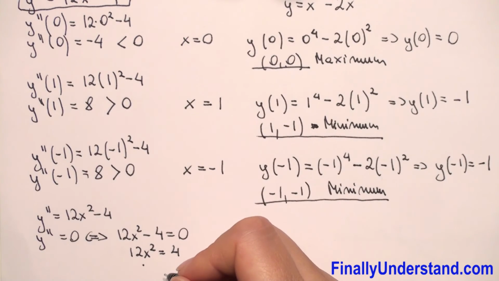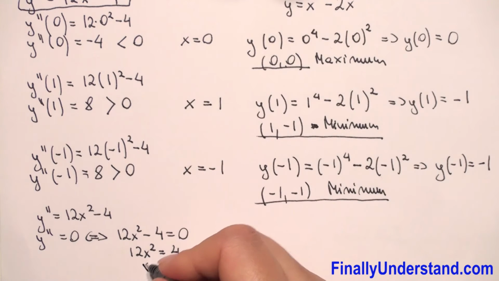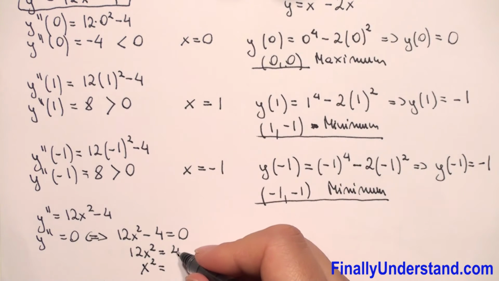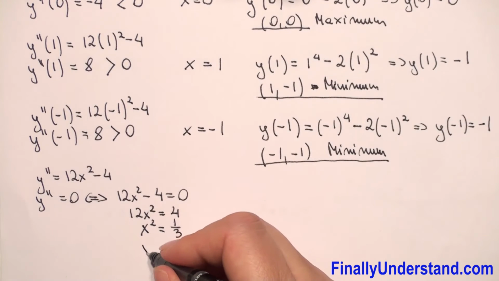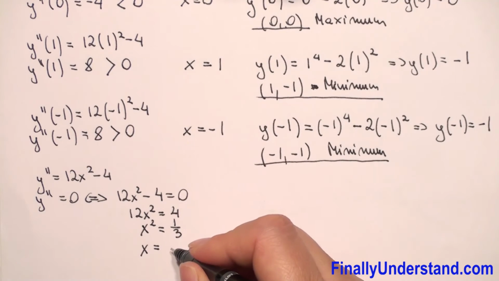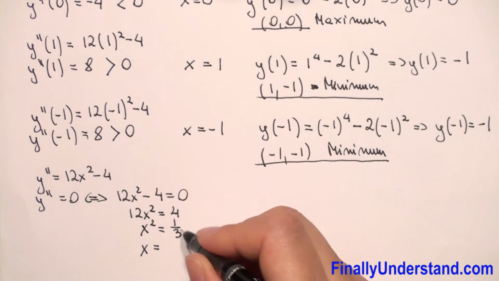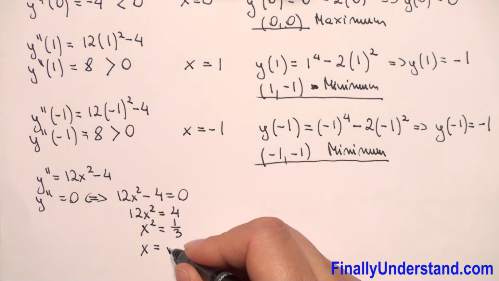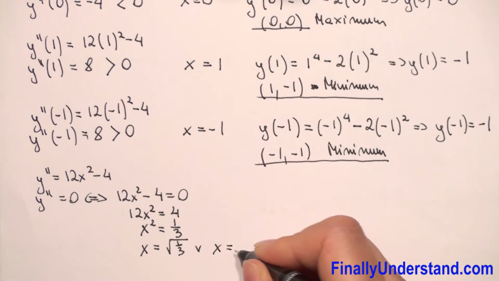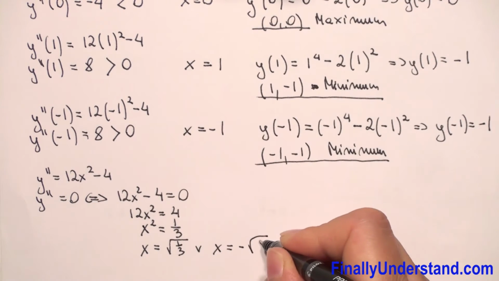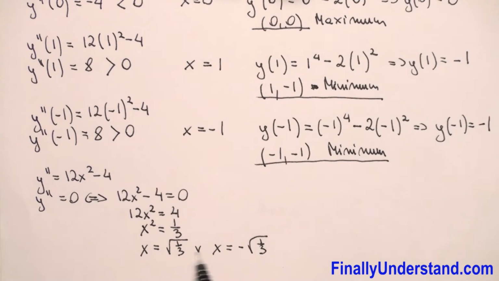I will divide both sides by 12, so x squared is equal to 4 divided by 12, which is 1/3. So we have x equal to the square root of 1/3 or x equal to negative square root of 1/3. We have these two values.